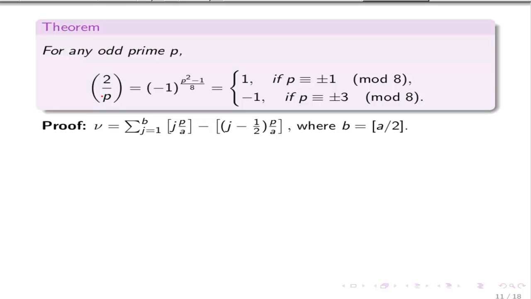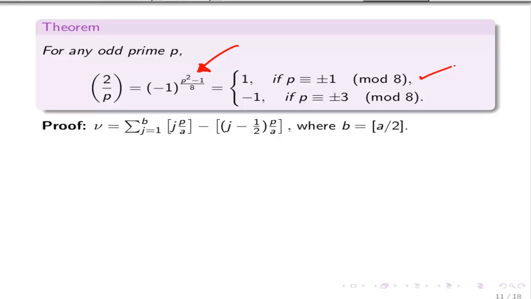And I claim we have the following: that (2/p) will be plus 1 when p is plus or minus 1 mod 8, and it's negative 1 if p is congruent to plus or minus 3 mod 8. And there happens to be this cute little formula that captures that information, and I'll let you go ahead and verify that. It's straightforward. So it basically says that (p² − 1)/8 is even if and only if you're in this first case here.